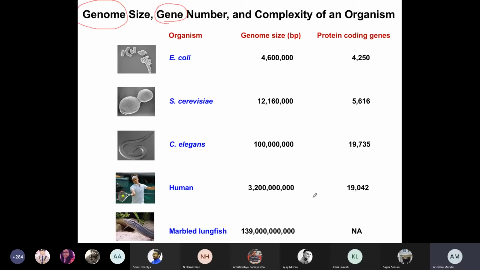Okay, that means, first of all, not the entire part of your genome encodes for the protein. There are specific portions of your genome designated as genes which encode for the proteins. And second, the more complicated the organism is, the larger segments of their genome will not be used for encoding the proteins. Okay, so is it clear?